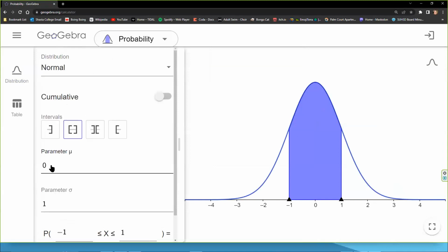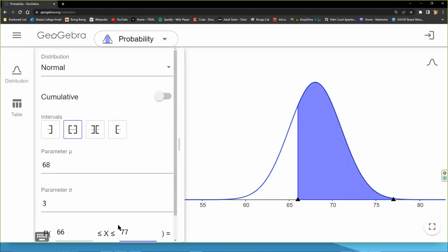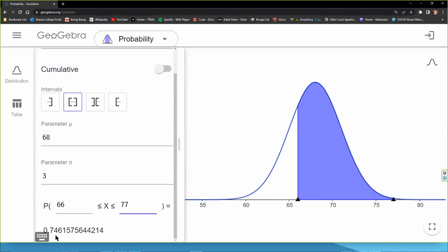And then it asks you for information. So we just did a problem where our mean was 68 and our standard deviation was 3. And we want an area between two numbers, specifically between 66 and 77. And what you see is that in the probability calculator, GeoGebra draws that picture for you, but it also calculates it at the same time, 0.7462.